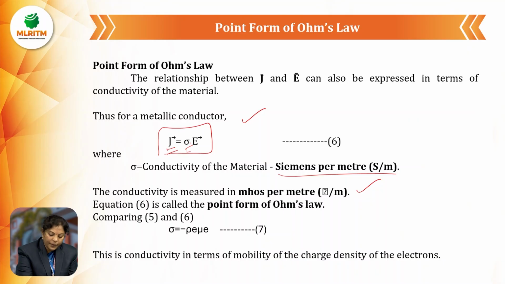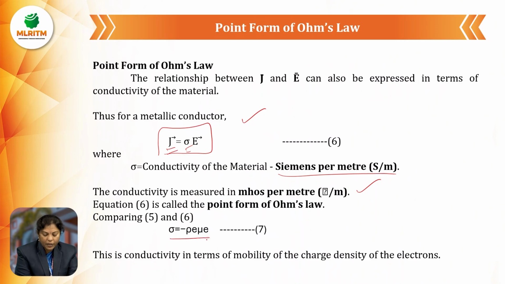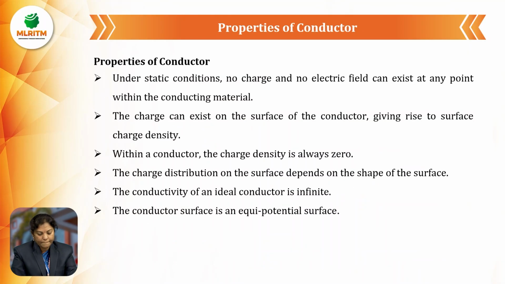When we compare this equation with the previous equation, that is, J equals minus rho E into mu E into E, we get sigma equals rho E into mu E. So this is the conductivity in terms of mobility and charge density of the electrons.